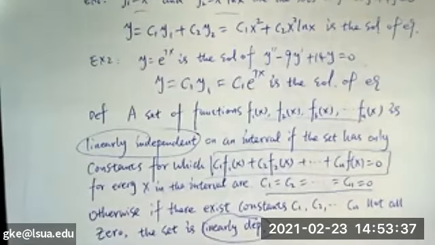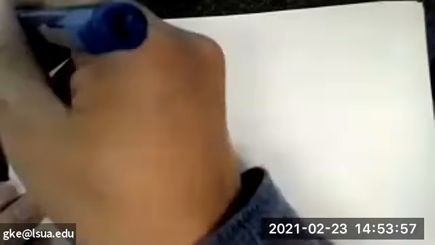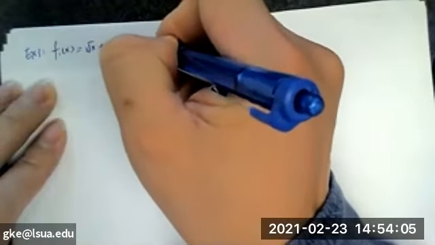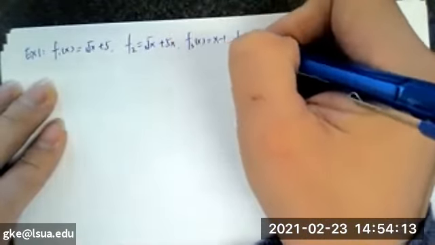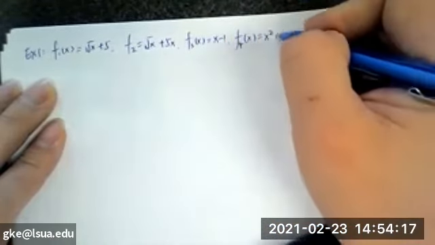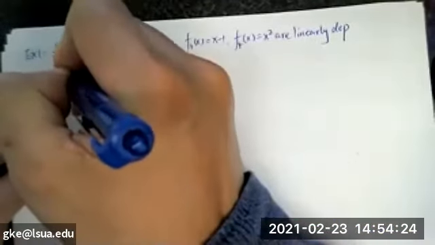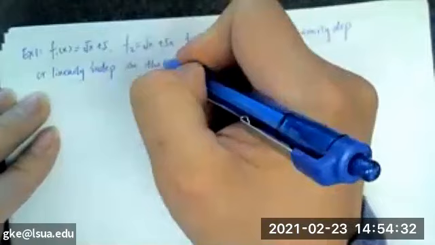So let's take a look at a very specific example: linearly dependent or linearly independent on the interval.